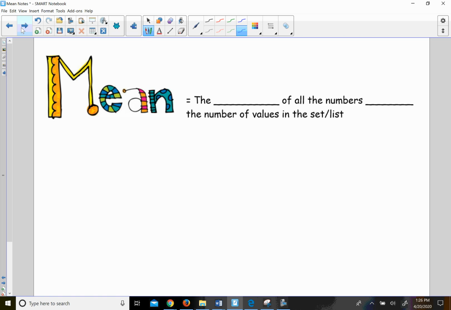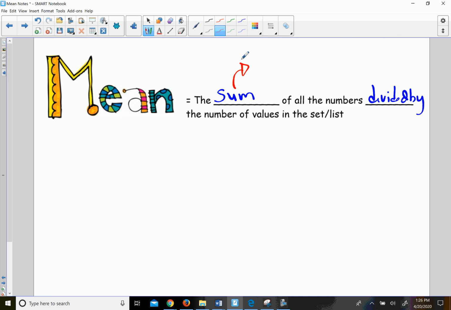The mean is the sum of all the numbers divided by the number of values in the set or list, the data set. Let me backtrack a minute. This word sum is kind of important. What operation means sum?